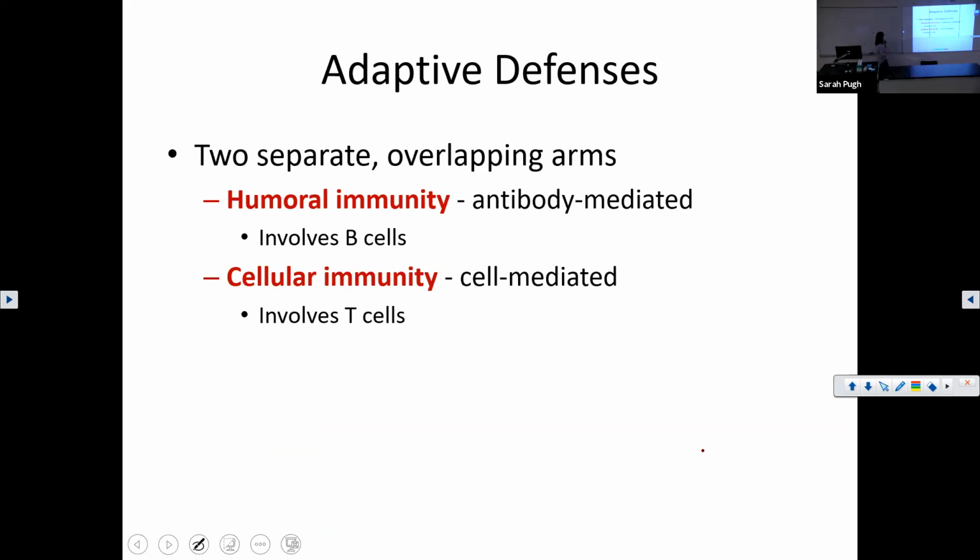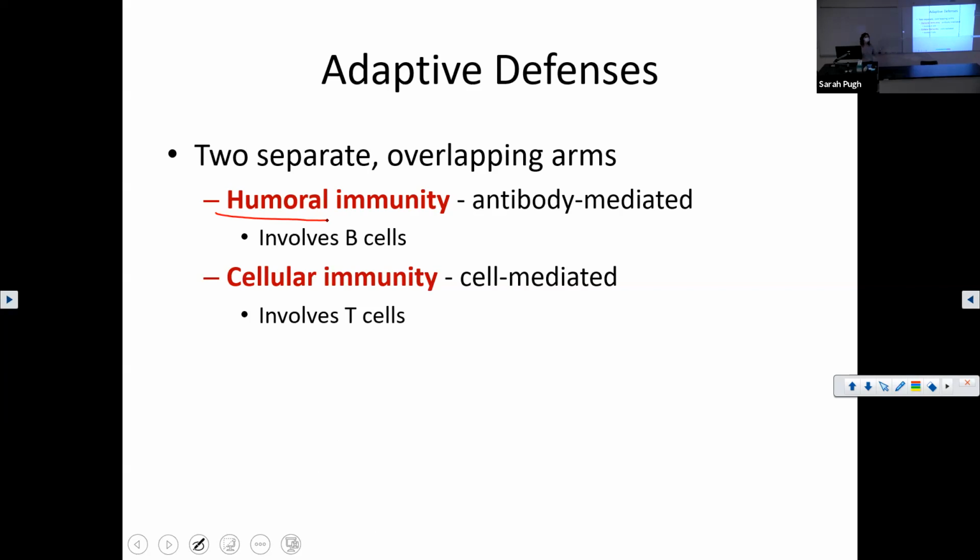And so when we talk about our adaptive defenses, I keep telling you these are our B cells and our T cells. So there's sort of two separate but overlapping arms, B cells and T cells. Your B cells provide you with something called humoral immunity. Your body's humors are essentially the liquid, the fluid in your body.